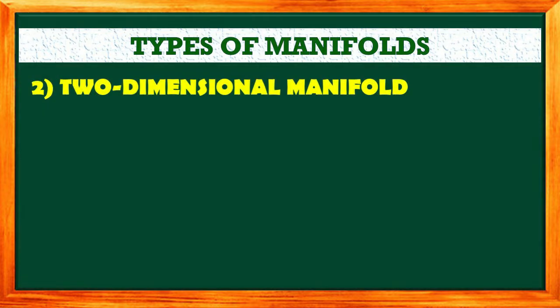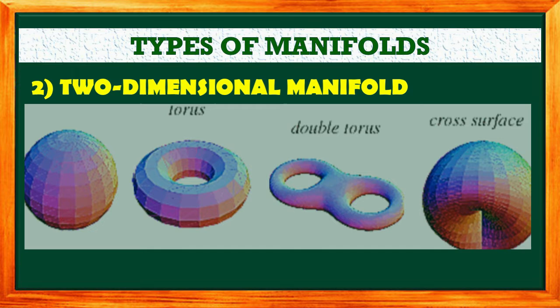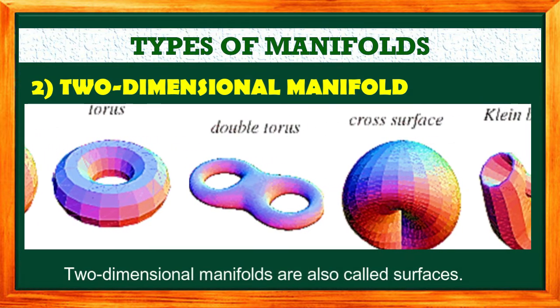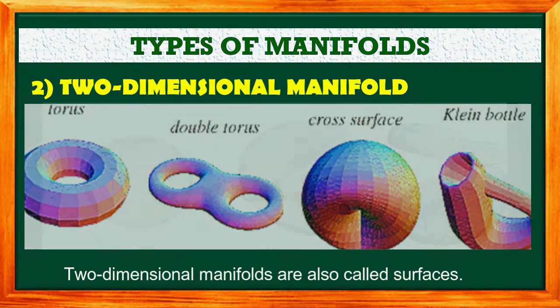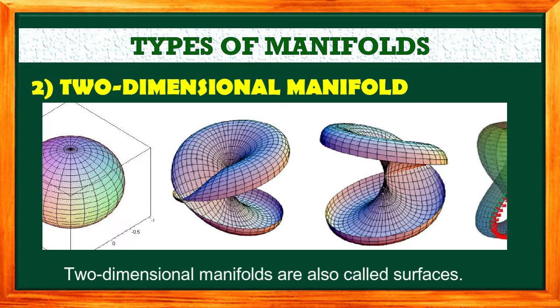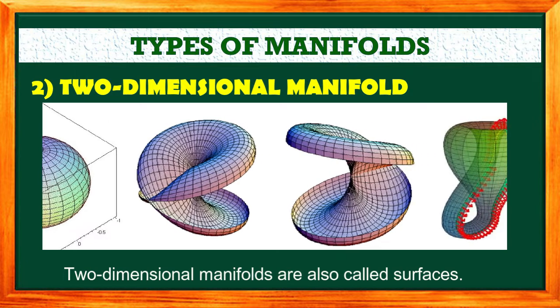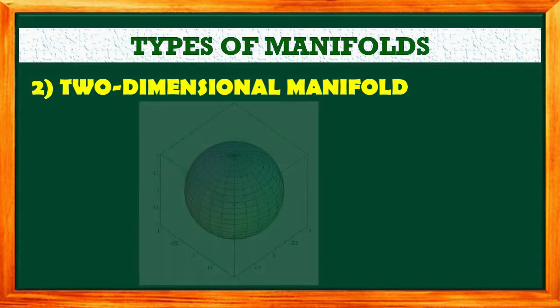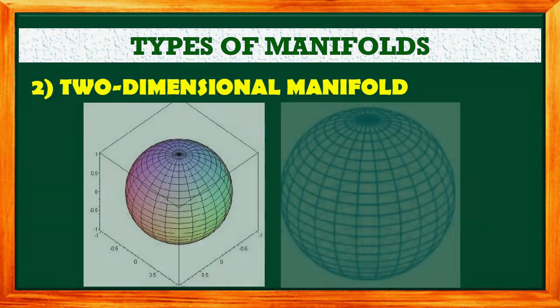The second classification is the two-dimensional manifolds, or 2D manifolds. Two-dimensional manifolds are also called surfaces. Examples include the plane, the sphere, and the torus, and also the Klein bottle and the real projective plane. The simplest one is a sphere.